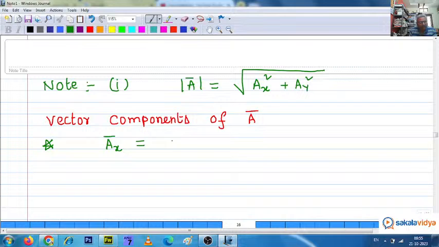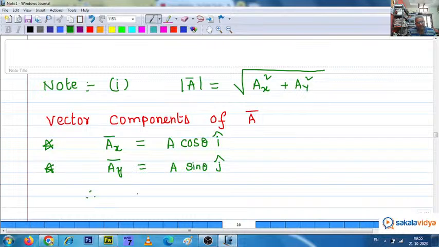Ax bar is equal to A cos theta multiplied by the unit vector along the x-axis, that is i cap. Similarly, Ay, the vector component along the vertical, like the y-axis, is A sine theta j.